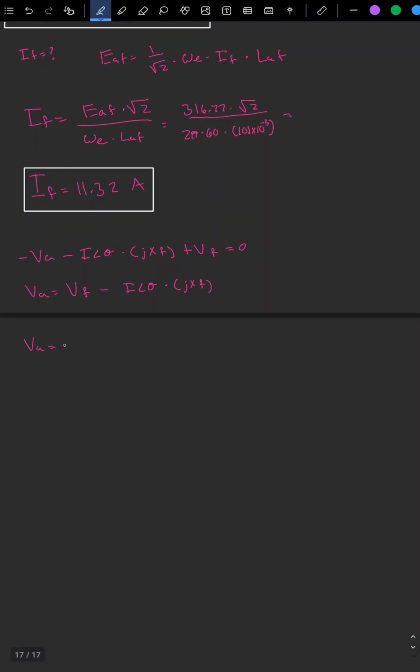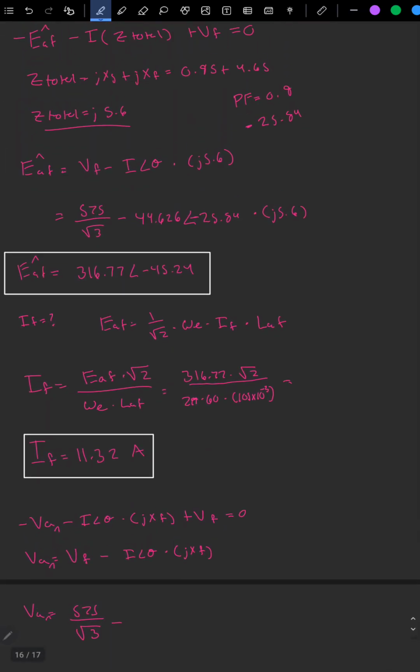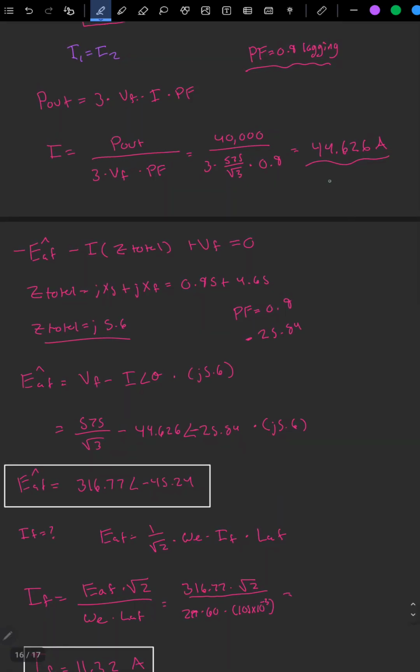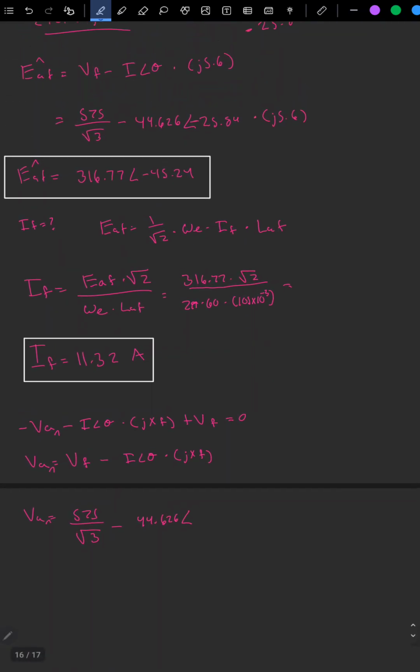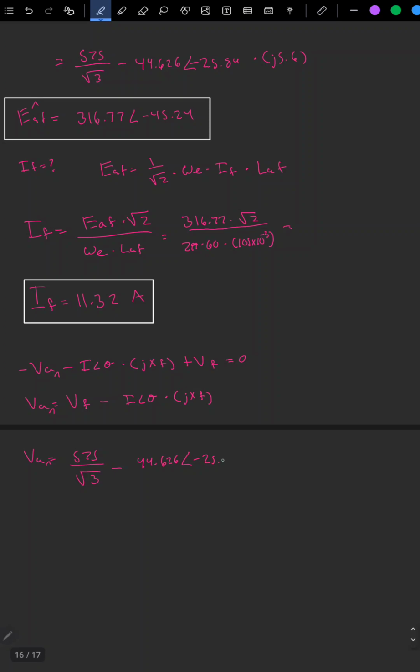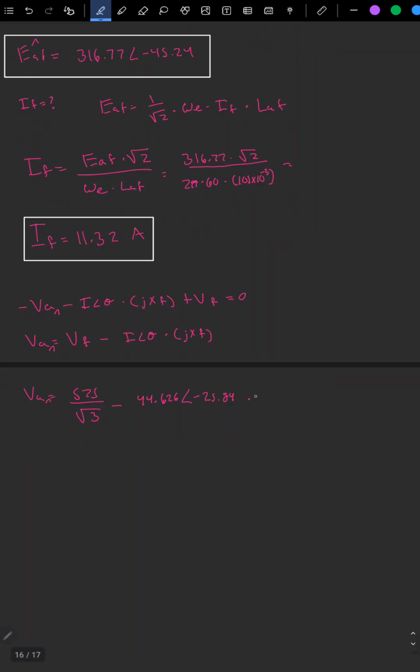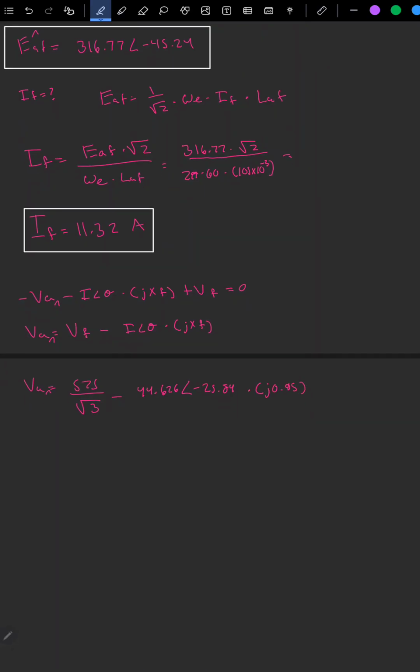So VA is going to equal VF. VA is 575 over the square root of 3 minus the current that we got originally, not the field current. The field current is something separate. This current right here, which is 44.626. Same phase angle did not change. Multiply that by J of 0.95.